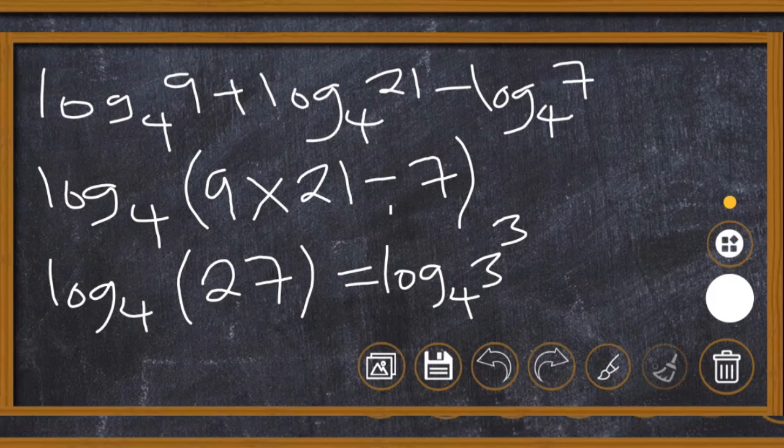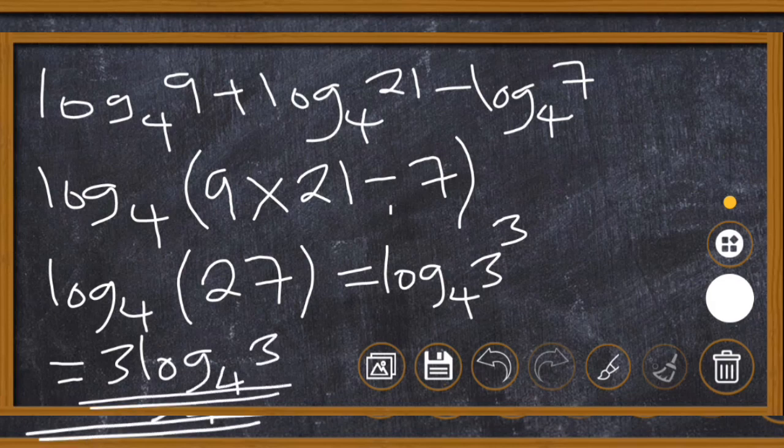According to the rules discussed in part 1, when you have the power, you write it in front of the log. So we're going to have 3 in front, and then log base 4 of 3. This is the simplification of this logarithm function that we were given.